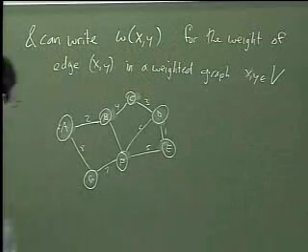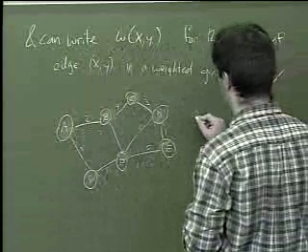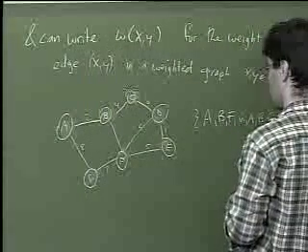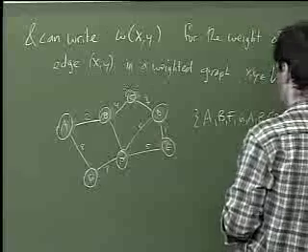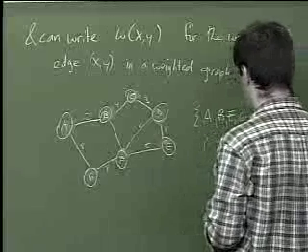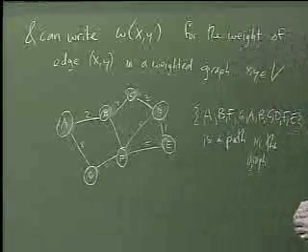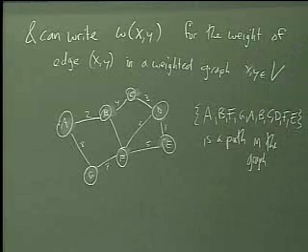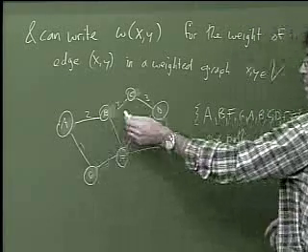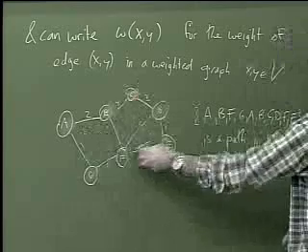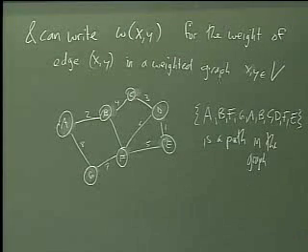I've labeled the nodes A through G, and A, B, F, G, A, B, C, D, F, E is a path in the graph. I'm taking a path going through this graph: A to B to F to G to A to B to C to D, F to E. It's definitely not the shortest path from A to E because I go through a bunch of cycles, but it's a path.